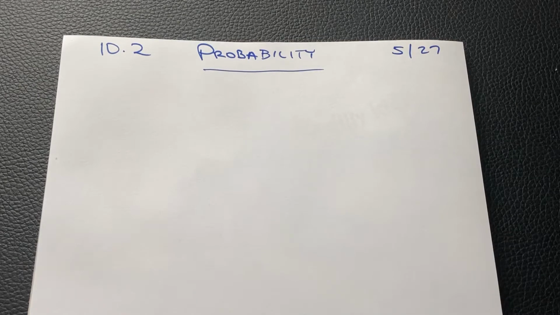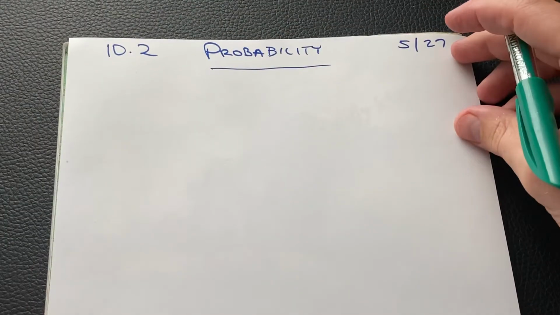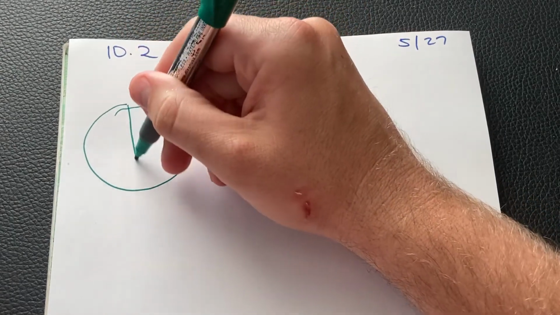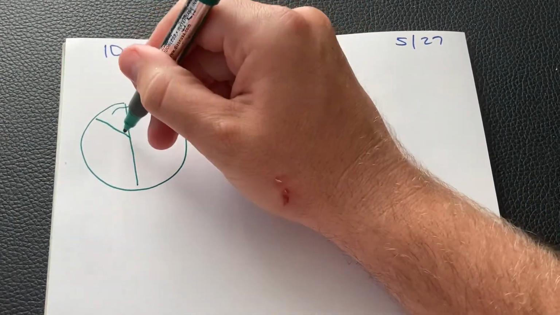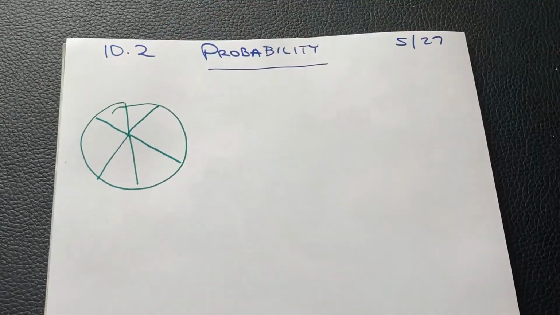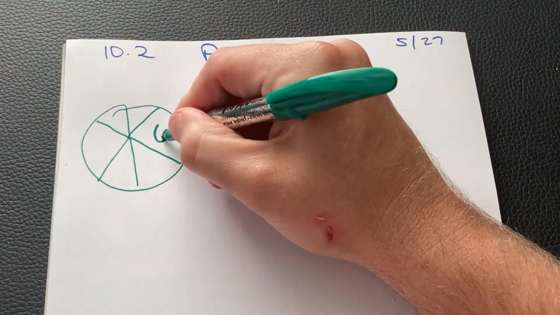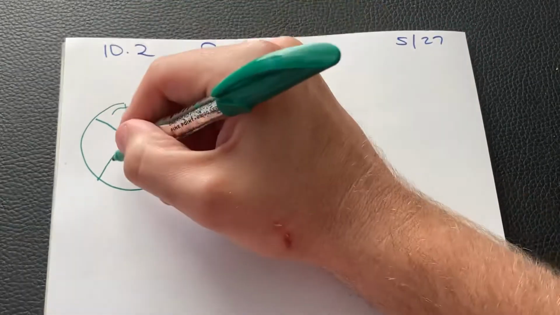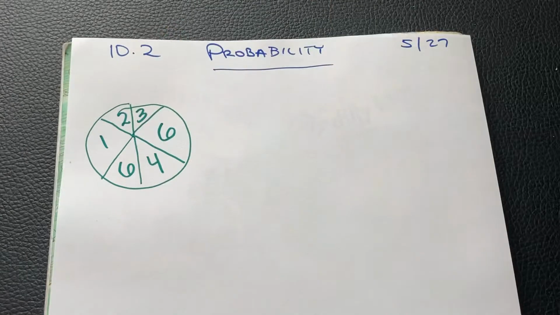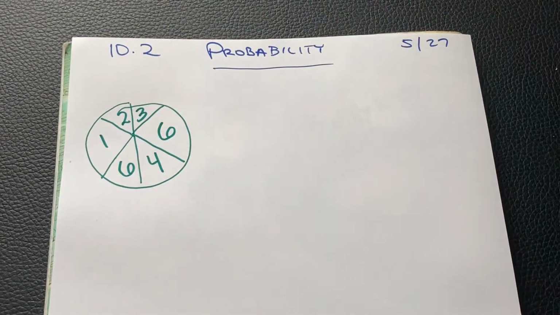So one example that you're going to see in your Google Doc is something like this. Say this is the numbers 6, 4, 6, 1, 2, 3, and you were to spin it.